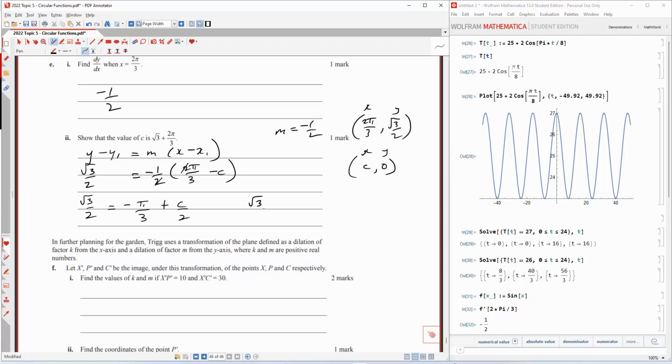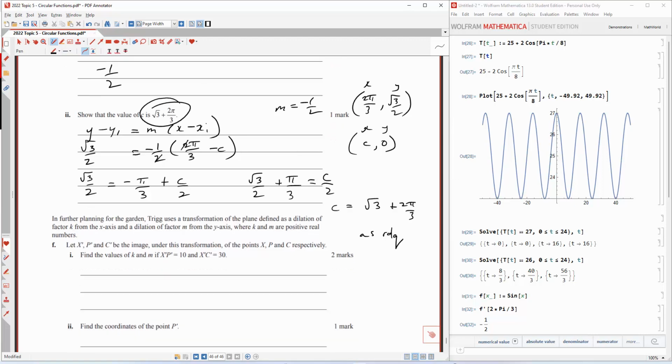So we've got root 3 on 2 plus pi on 3 equals c on 2. Multiply by 2, which will chop out the 2's. So that's going to be c equals, better get rid of those little cancel marks there. So c equals, this gets multiplied by 2, which gives us our root 3, plus this gets multiplied by 2, 2 pi on 3 as required. Okay, so there is what I was trying to show.